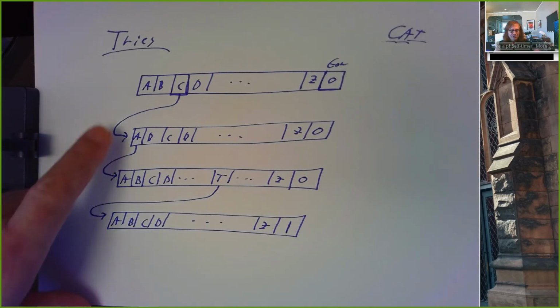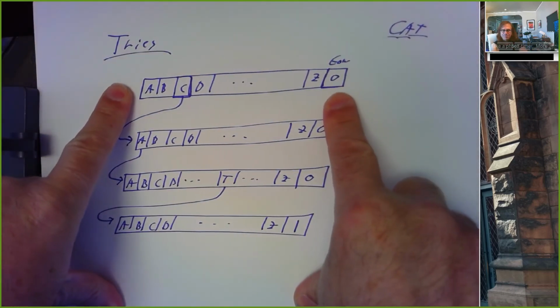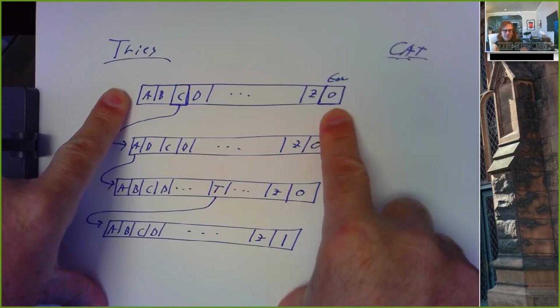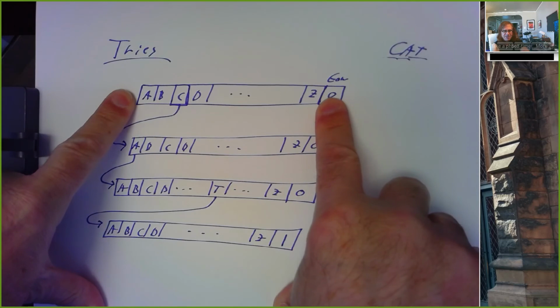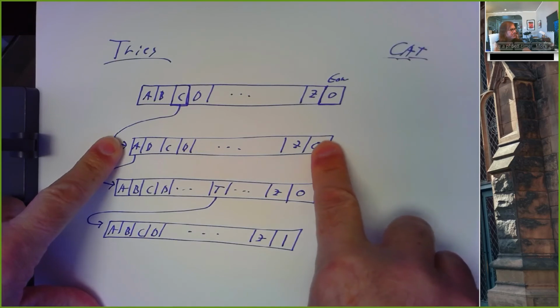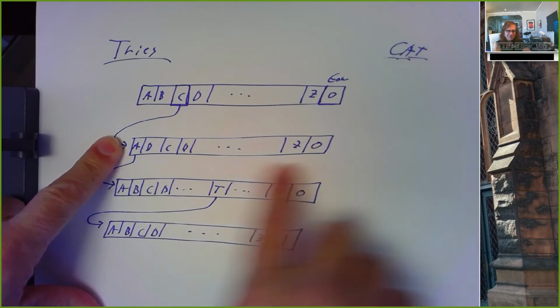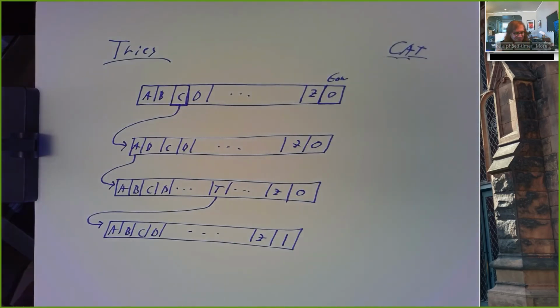All right, so this is a node containing a flag, an integer called end of word, and 26 pointers. And each of those pointers either points to null or points to another node. And if it points to a node, in that node we've got 26 pointers and an end of word.